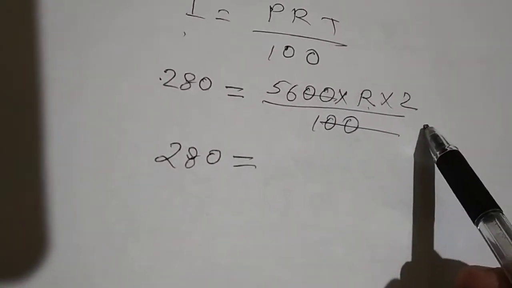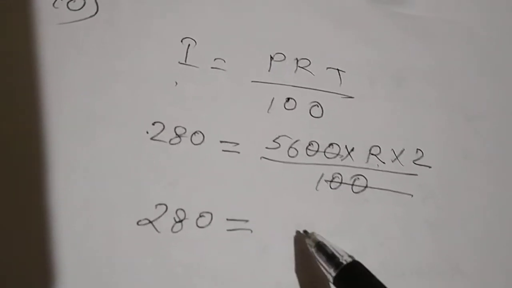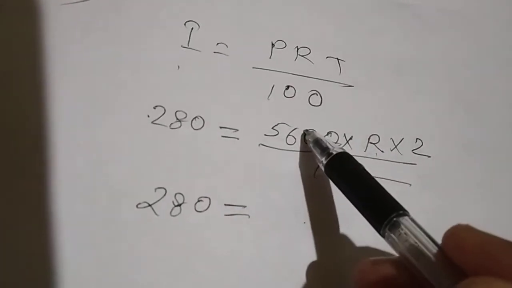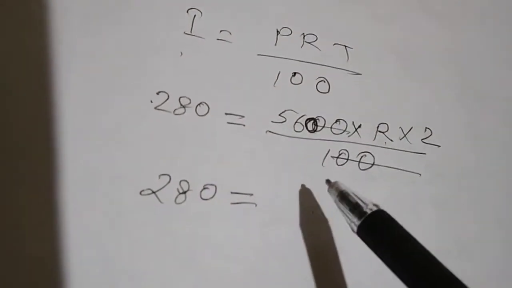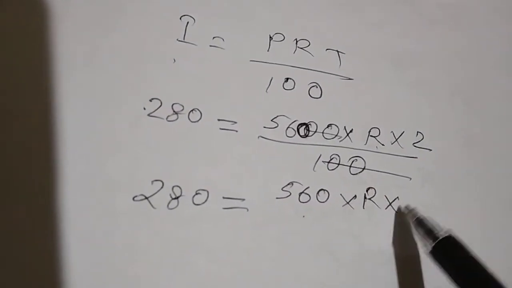So here R, 56 times 2. Oh, here the number is 56,000. So remaining 560 times R times 2.